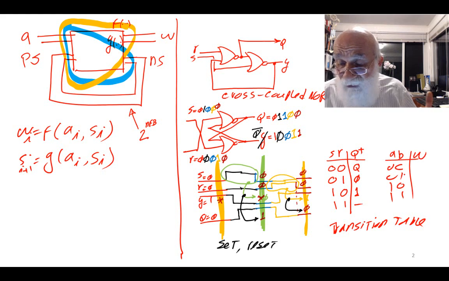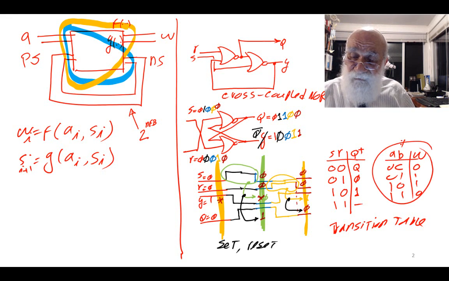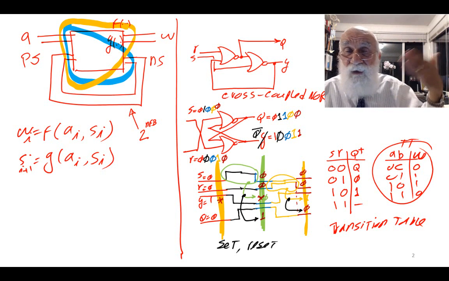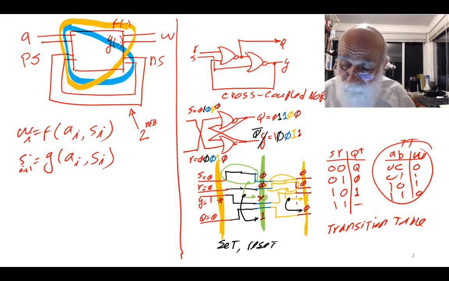Let's do an XOR, for example. This is a truth table, and notice that the W here is the present value, but in a transition table, the output is the next value of the output. Timing is involved in the transition table, as it says transition, but timing is not involved in truth tables.